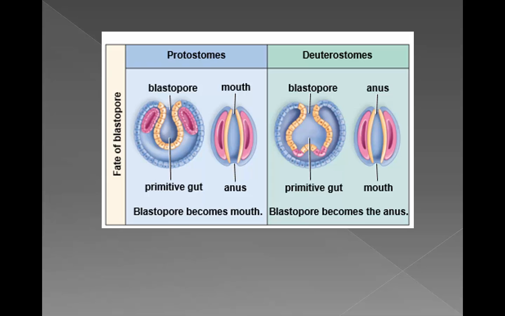And here you see the protostomes with the 1 opening. That becomes the mouth. The first one becomes the mouth up at the top. And then the deuterostomes, the second opening becomes the mouth. And you see that down at the bottom, the mouth on the second.